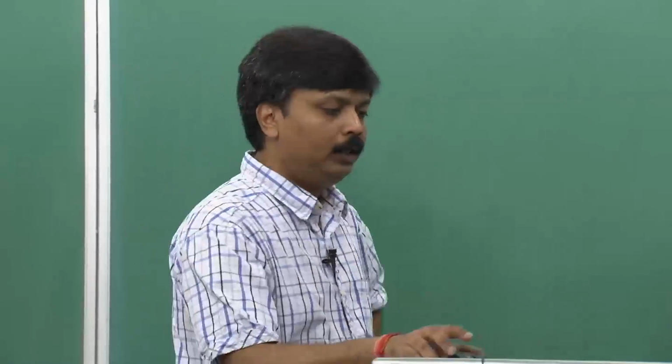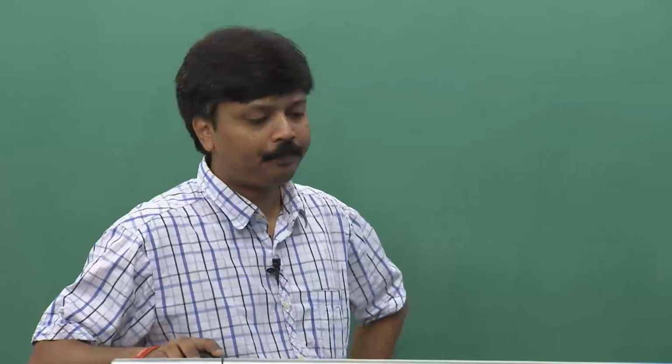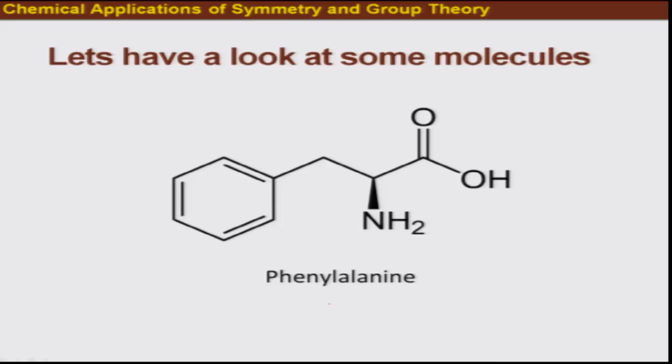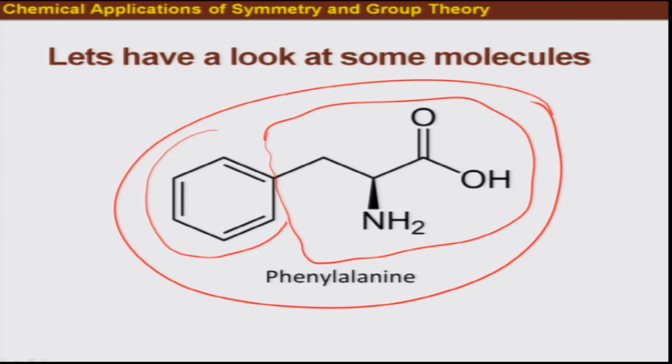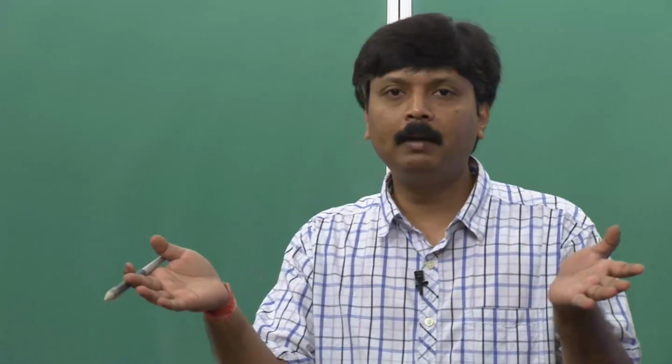Okay. So let's have a look at a molecule called phenylalanine. So this is phenylalanine, it's an amino acid. Now for a second, forget this part. This benzene moiety, just the benzene, if you look at it, is very much symmetric, right?